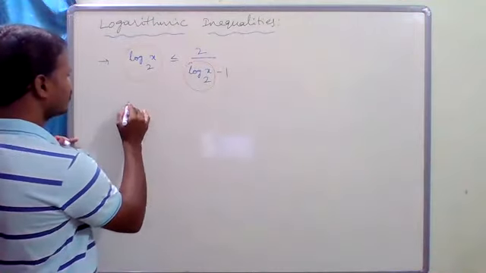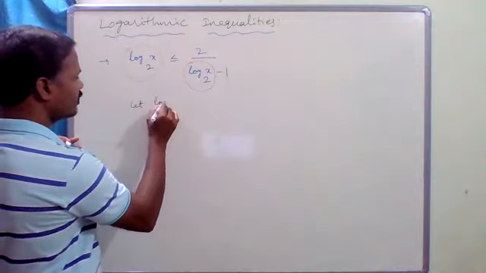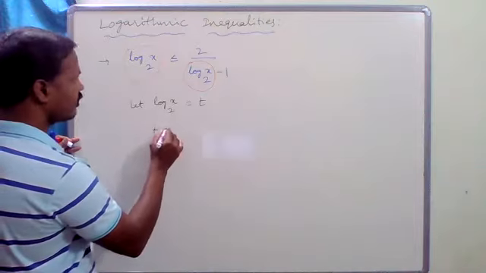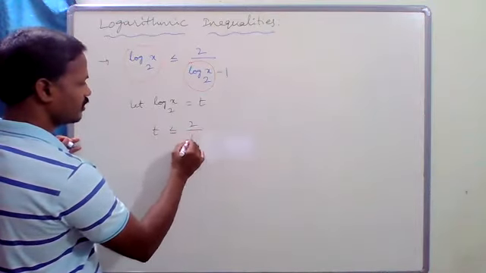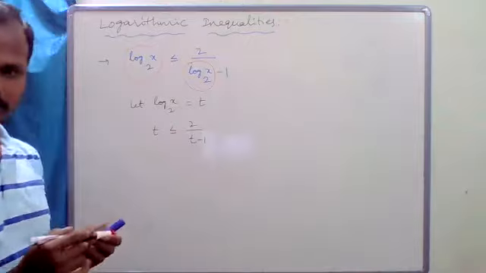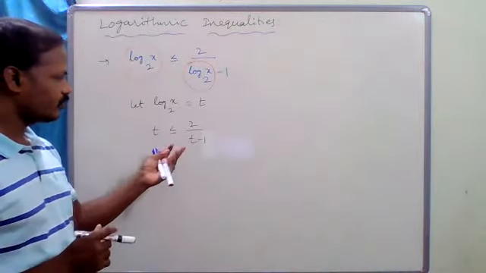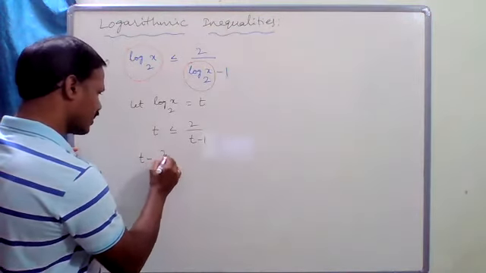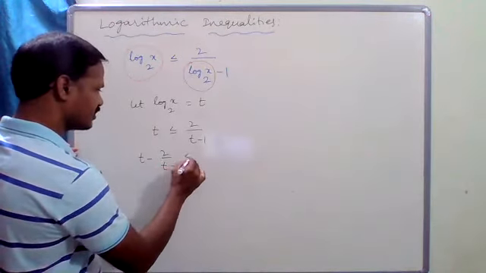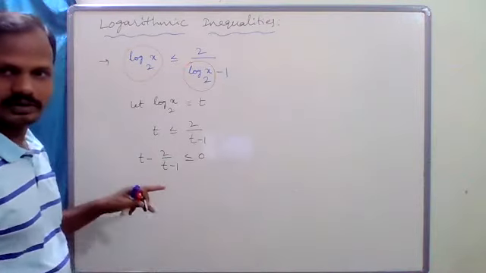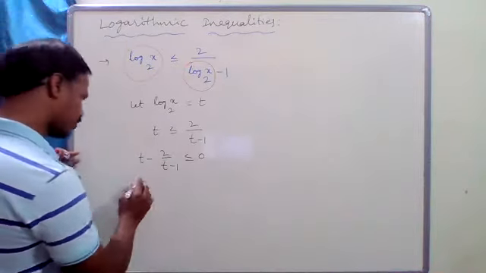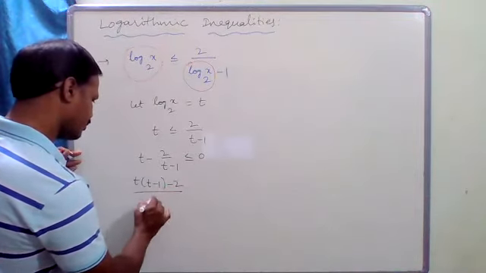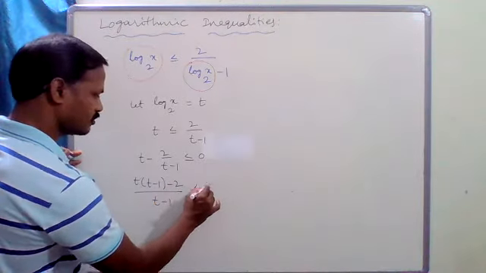Let log x base 2 equal to some t. Then t less than or equal to 2 by t minus 1. Now you have to solve this one. So now this is t minus 2 by t minus 1 less than or equal to 0. Don't cross multiply. Now this is t into t minus 1 minus 2 by t minus 1 less than or equal to 0.